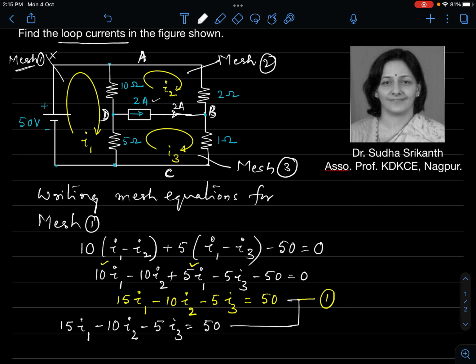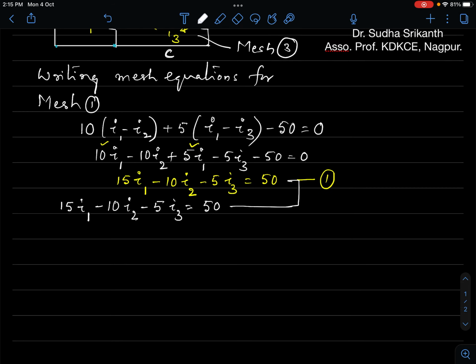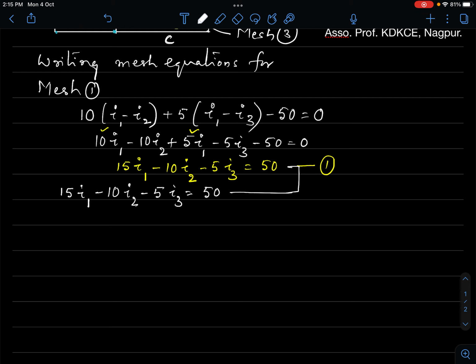It is something like this; I will show you here. This is my 2 ampere source. If you want, you can even have this resistance back. This is your 2 ohm resistance. This point is your D and this is your B.